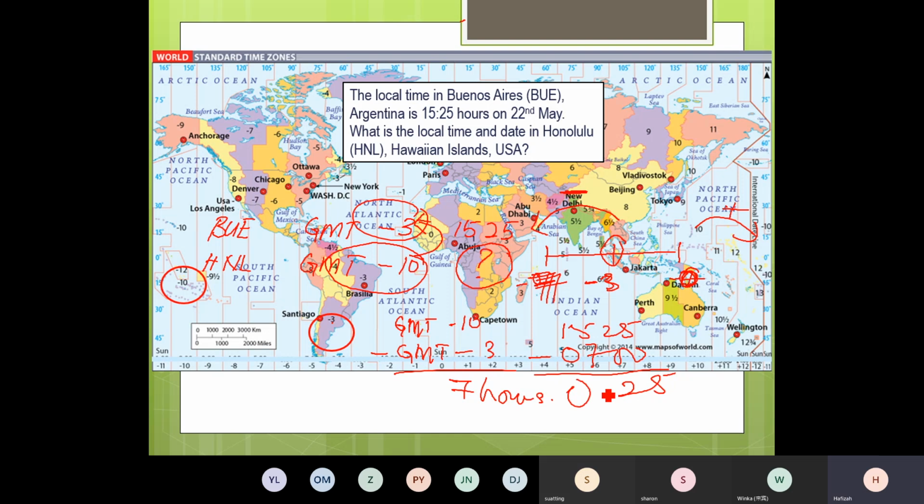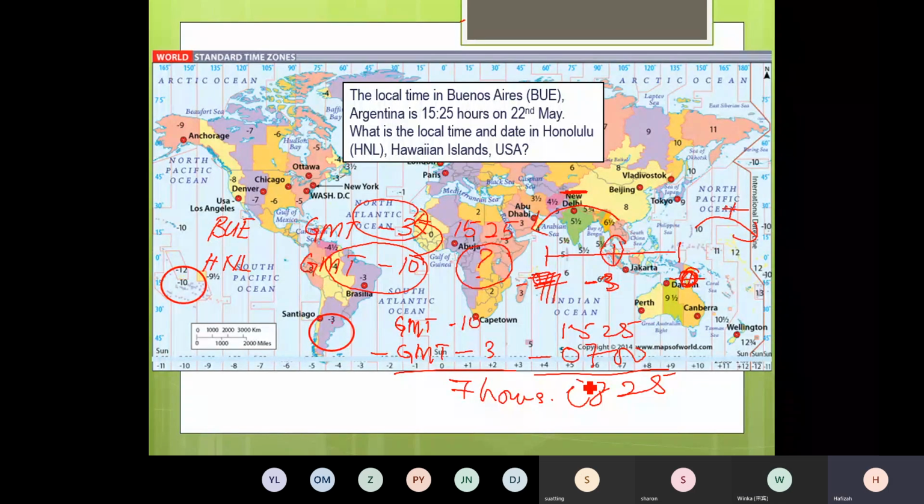So it equals 15 minus 7, how much? 8, right? So it is 8:25 a.m. in the morning, on the same date. Okay, understand? Do you understand?